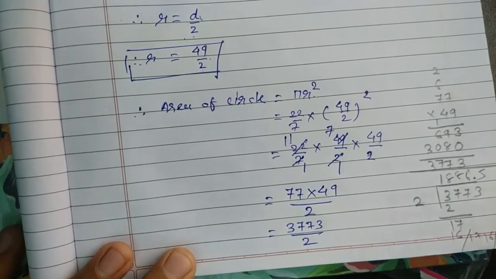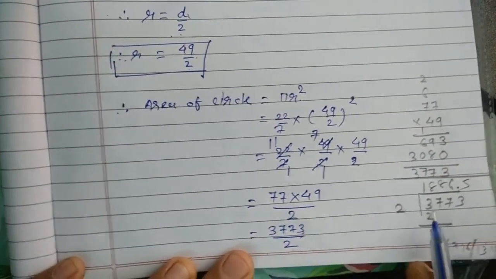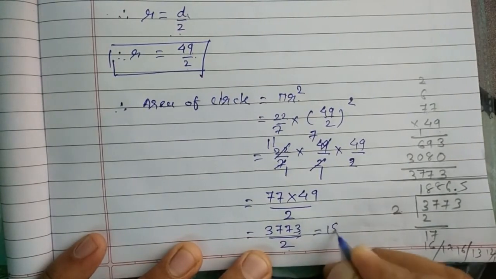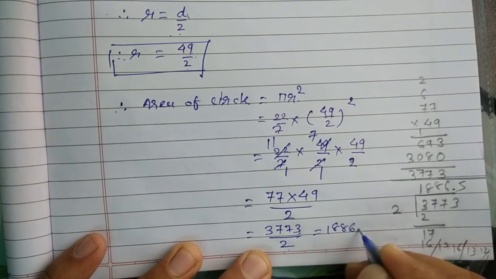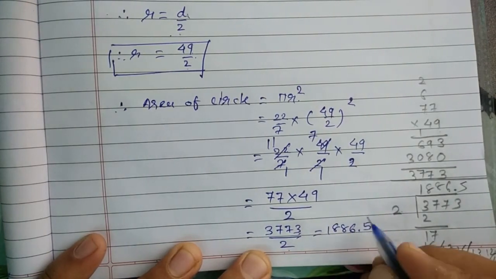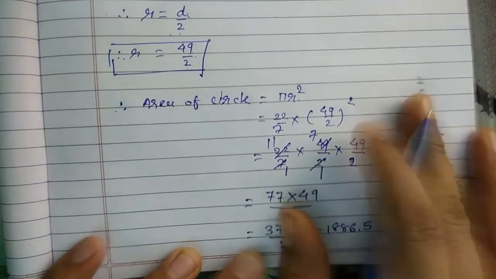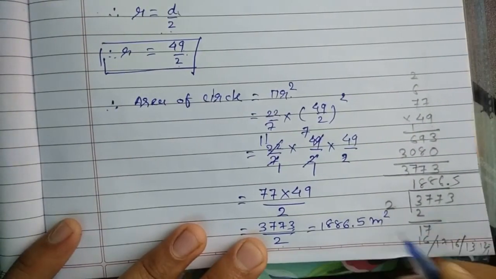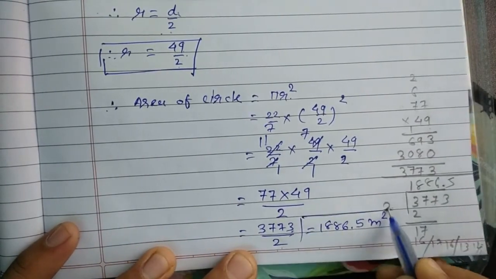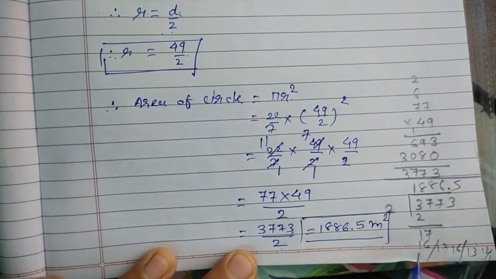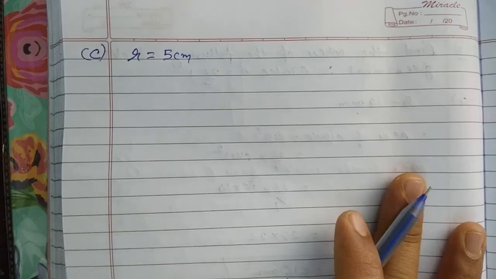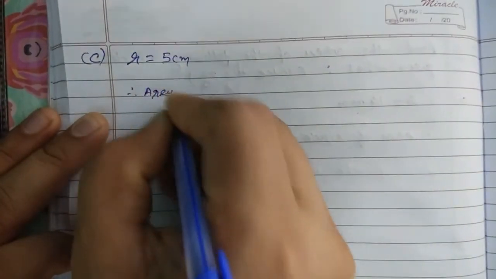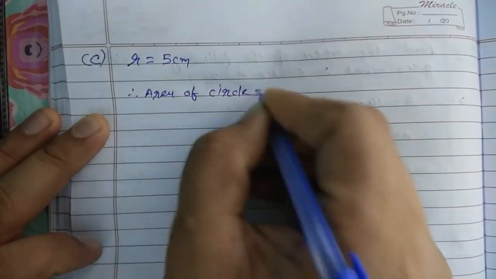So when we divide 3773 by 2, we get 1886.5, and what is the unit? Here it is given meter, so the unit will be meter square. So area of circle is 1886.5 meter square.